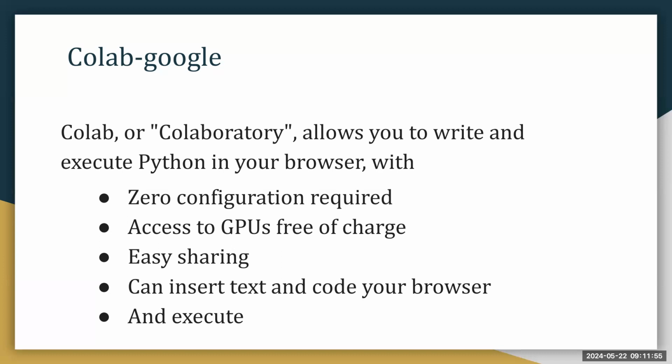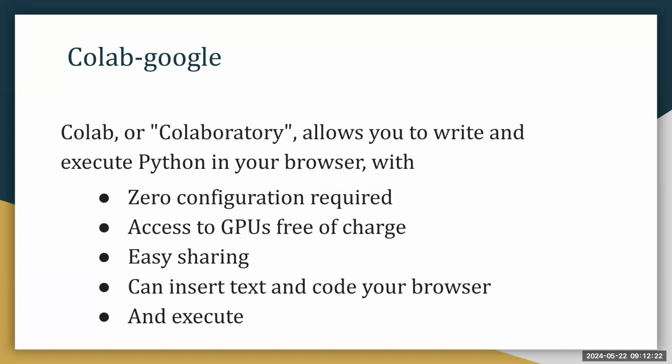So Google provides these GPUs free of charge. But those outputs are not available after 12 or 24 hours. I think about 24 hours it will exist, and then they will vanish.